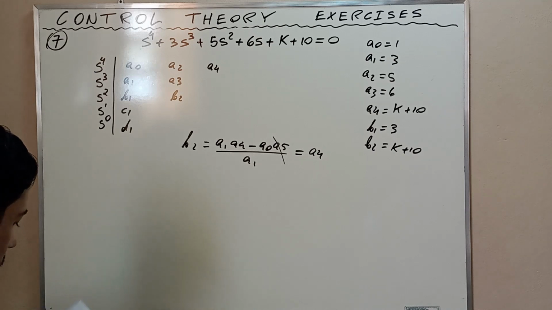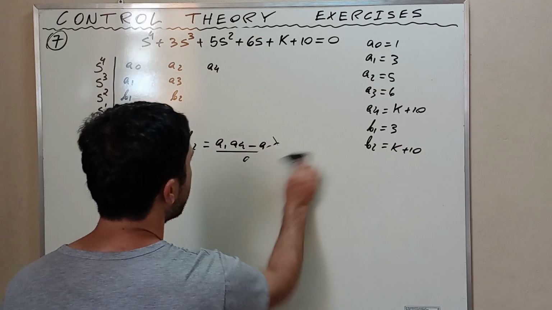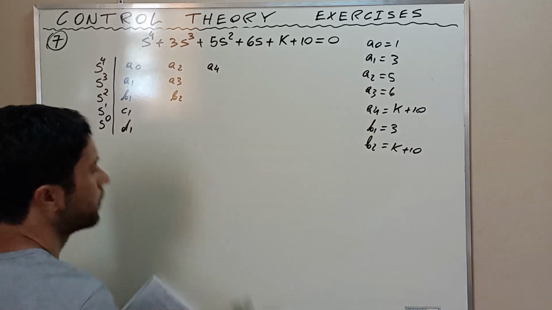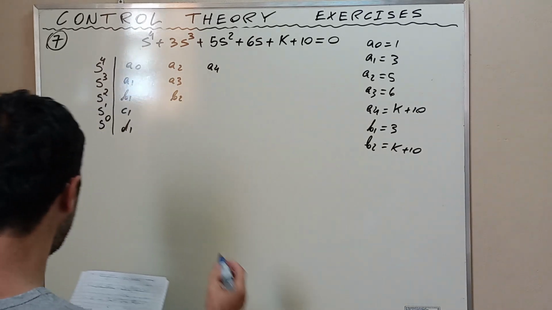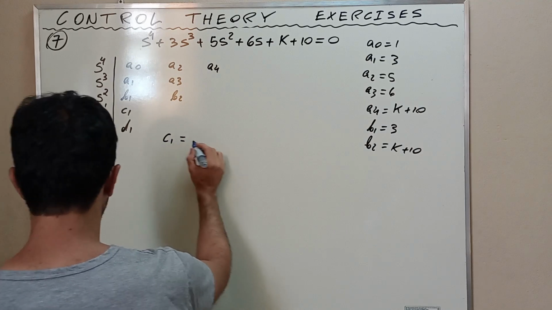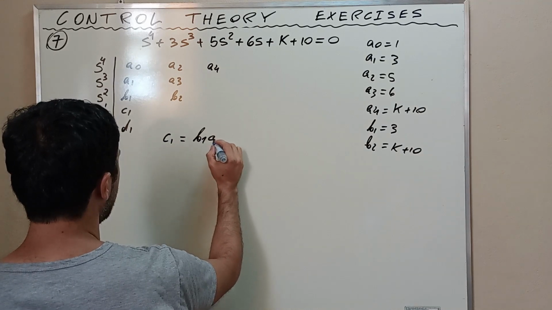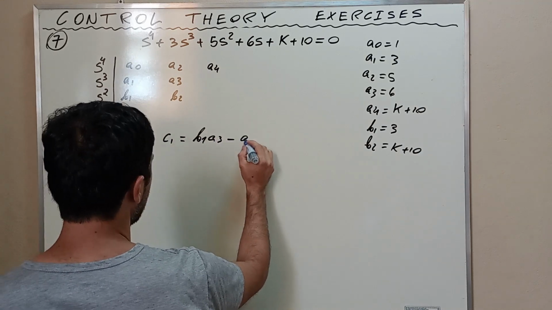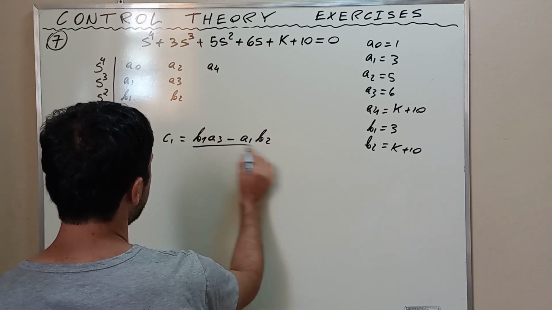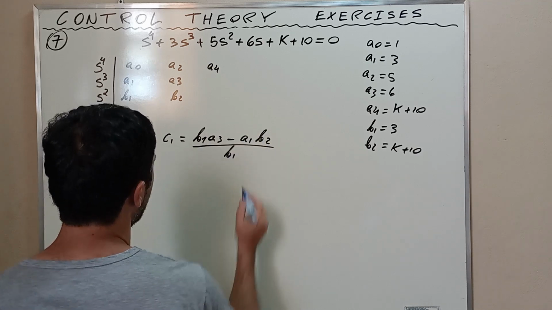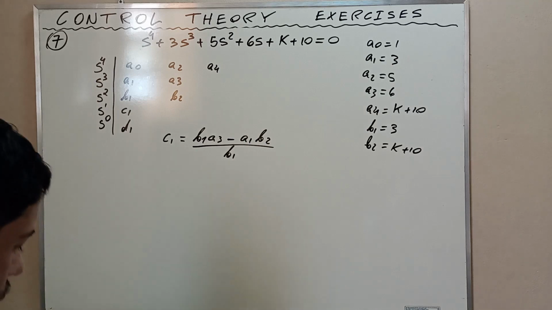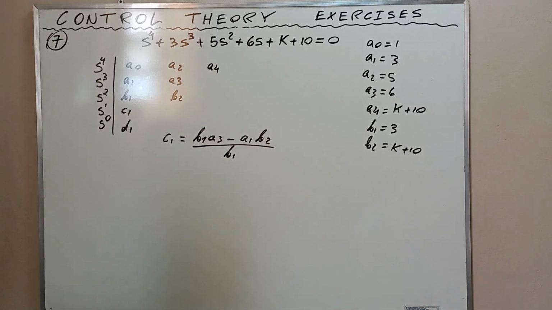Now let's calculate C1. C1 is equal to B1 A3 minus A1 B2, divided by B1. Okay? We have the values.